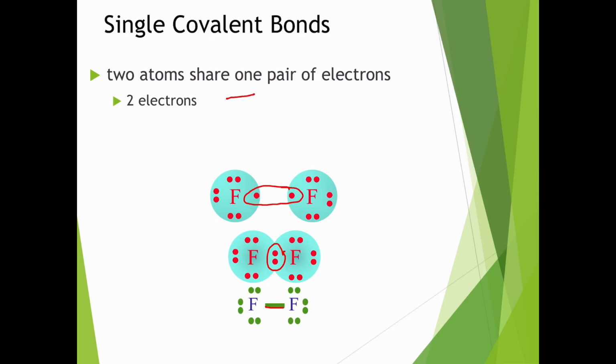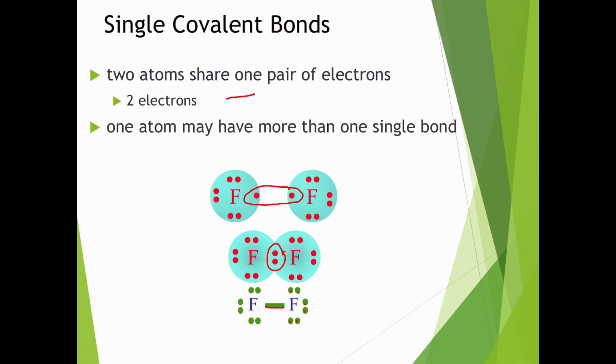But again, we're always still going to show these lone pairs that are out there. Atoms may have more than one single bond if they need to complete their octets, kind of like we saw in the previous example, where carbon needed to have those 4 single bonds in order to complete its octet.